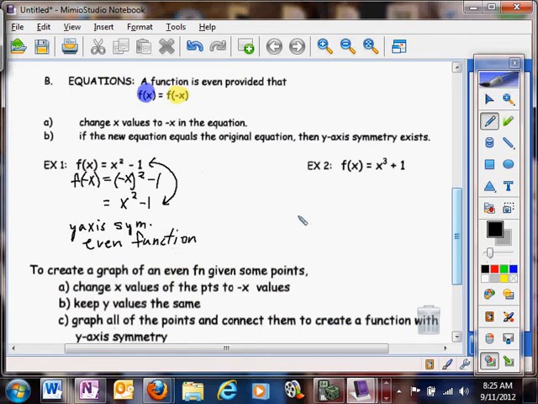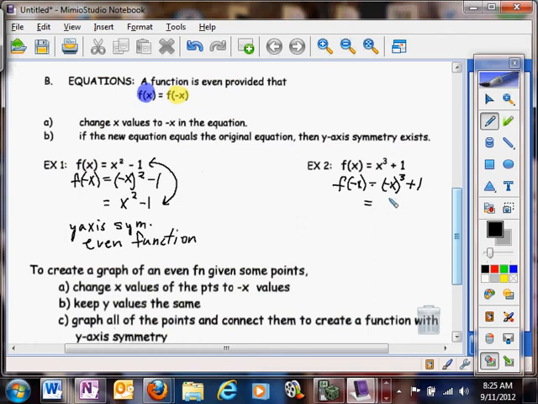Looking at example 2, I have f of x is equal to x to the third plus 1. And so again, I want to replace x with a negative x. So I rewrite the function using a set of parentheses for x. And now I'll replace that with a negative x.